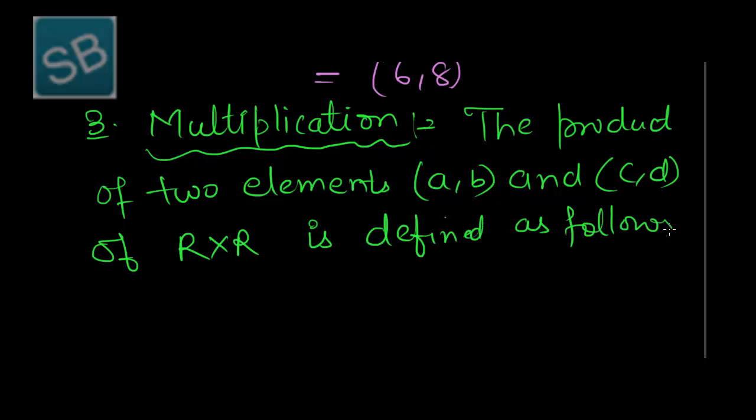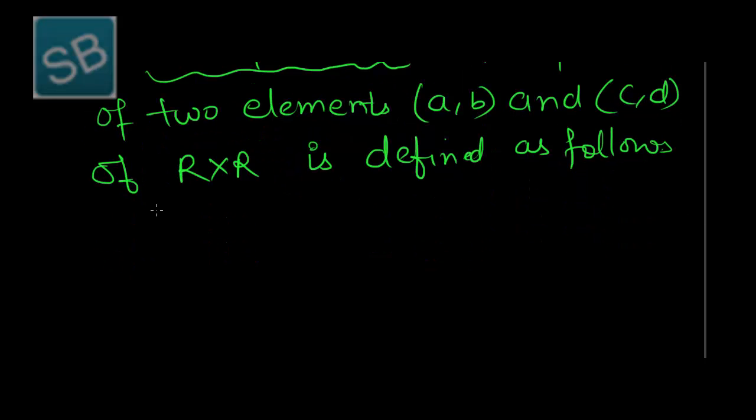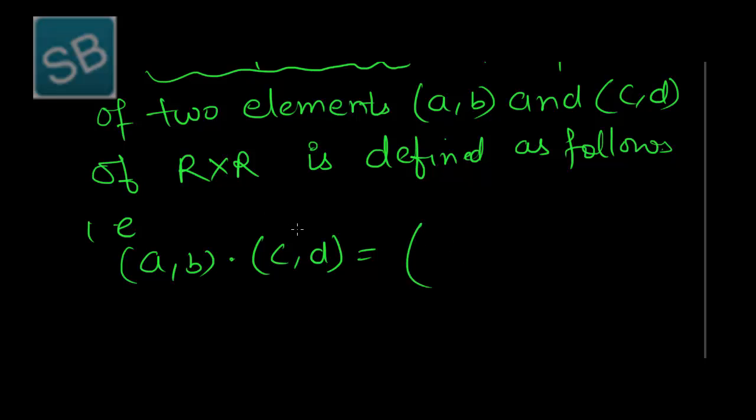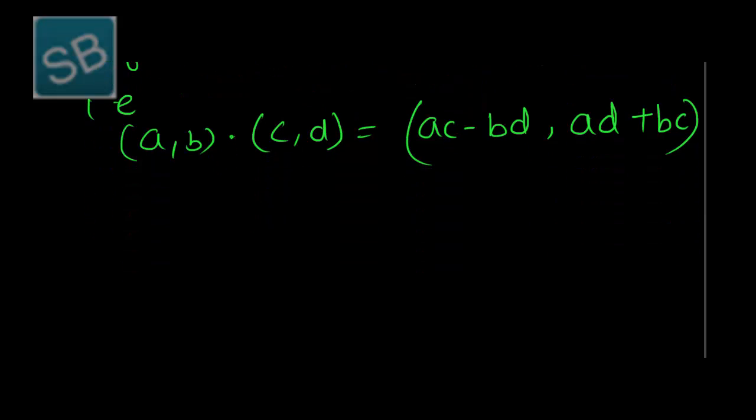That is, (A, B) multiplied by (C, D) will give the result: first A into C minus B into D, and then A into D plus B into C. So this is the form. How can we find the product of two ordered pairs?